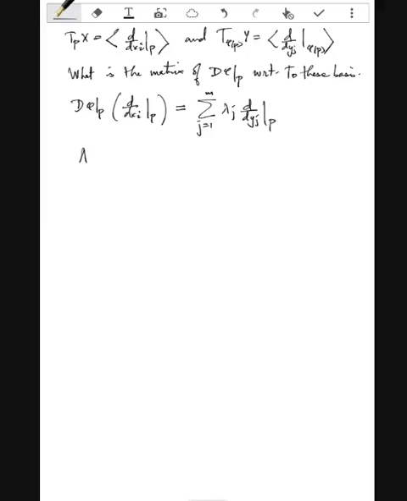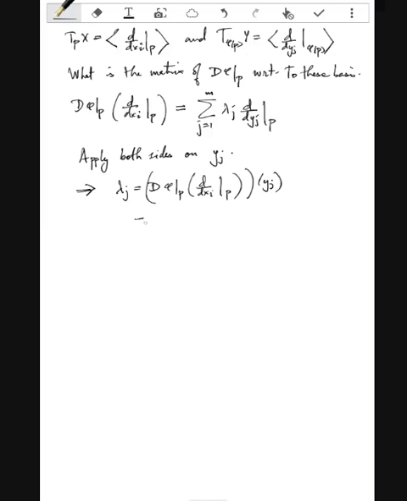So apply both sides on yj. Then we get that lambda j is equal to d phi at P of d by dxi at P applied on yj, and this is equal to d by dxi at P applied on yj compose phi, which is equal to d phi j by dxi.